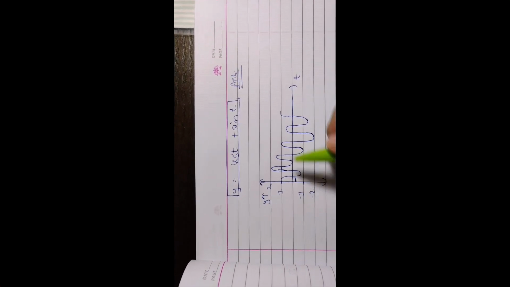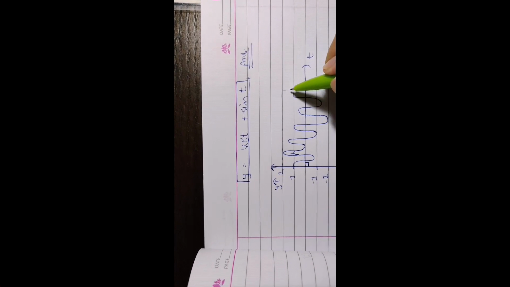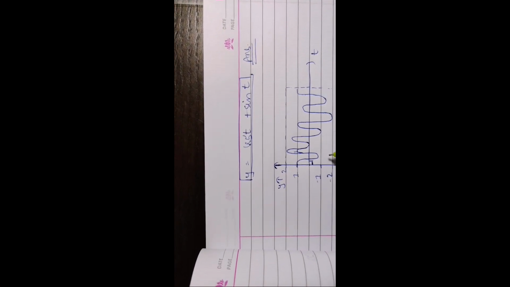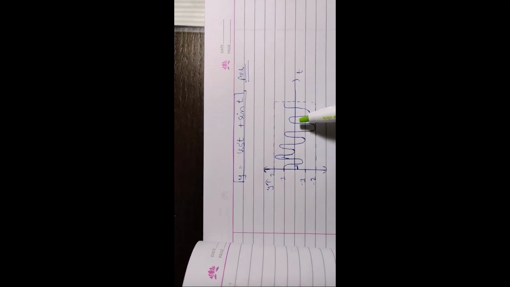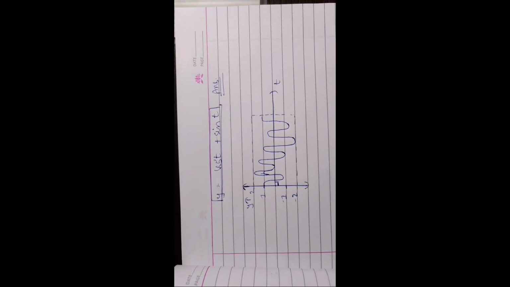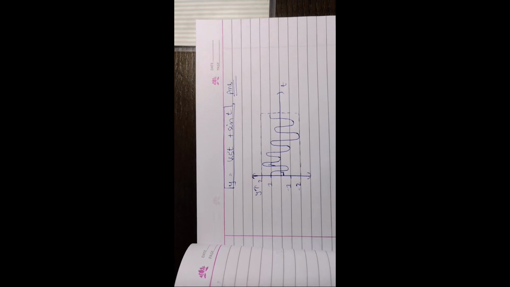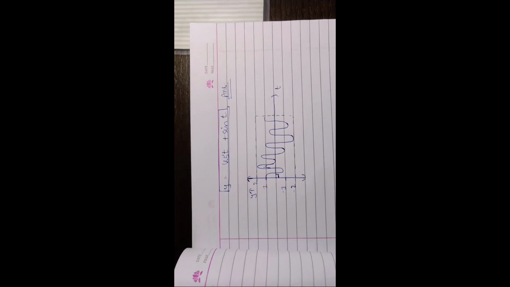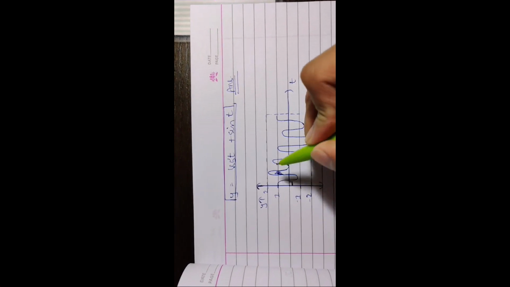So this is a complete cycle for this function cos 5t plus sin t. Okay, so as you can see, the max value is 2 here, and this is the required graph for cos 5t plus sin t. Amplitude maximum is 2 and minus 2.